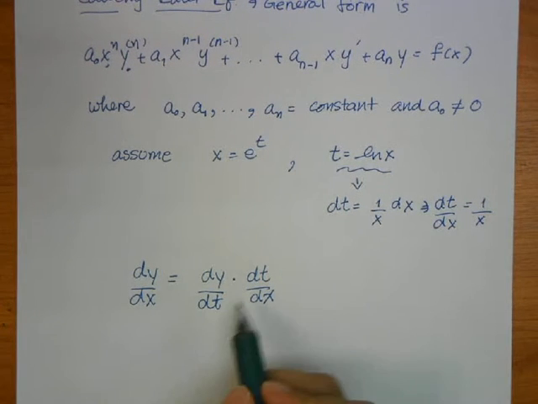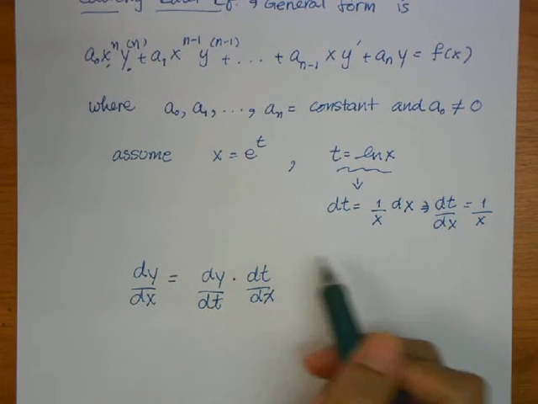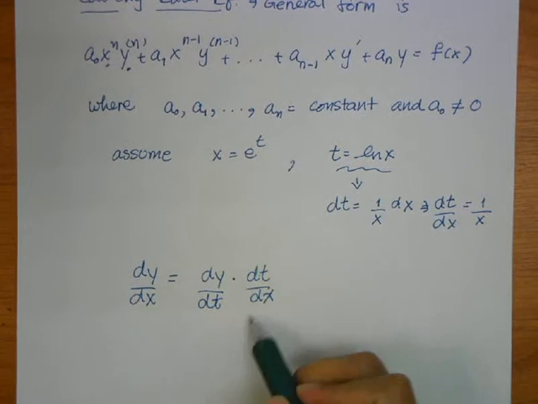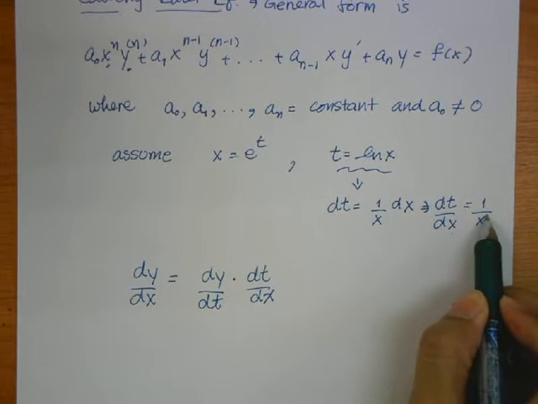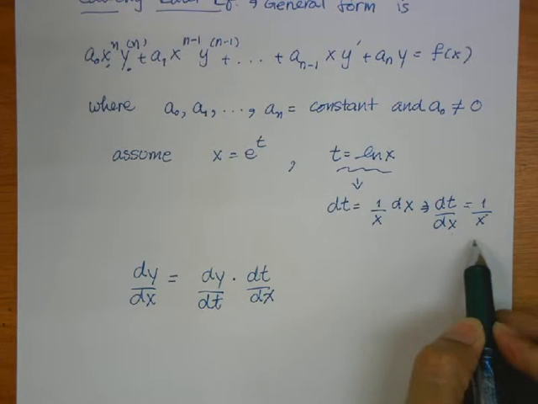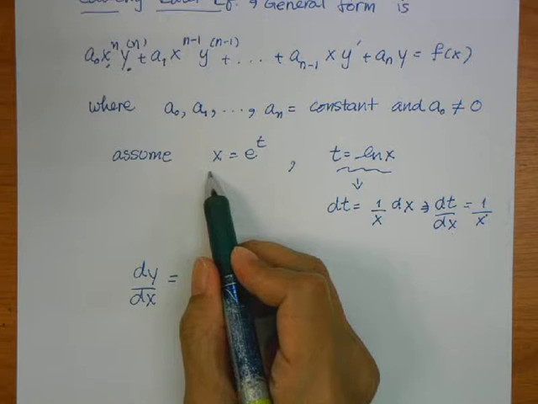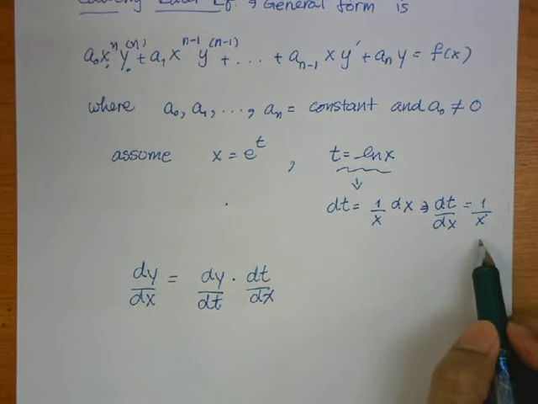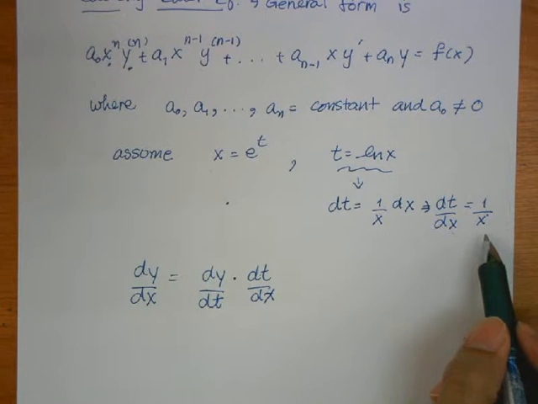You see the dt and dt cancel out, so at the end you get dy by dx. Now, we know that dt by dx is equal to 1 over x. Actually, everything comes from our assumption, and our assumption gives us dt by dx equal to 1 over x.